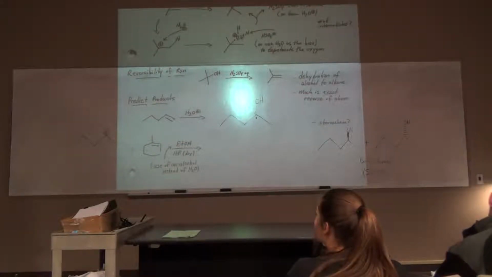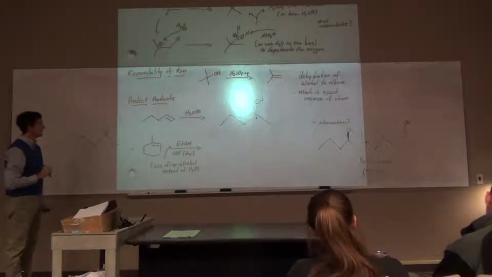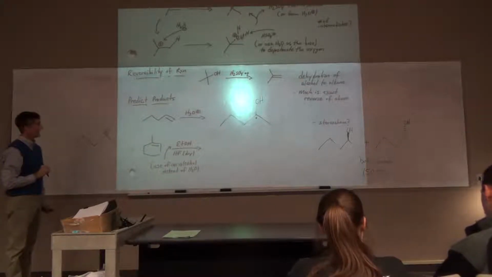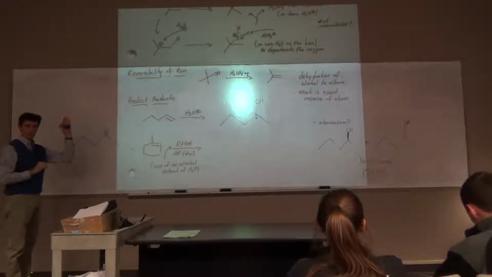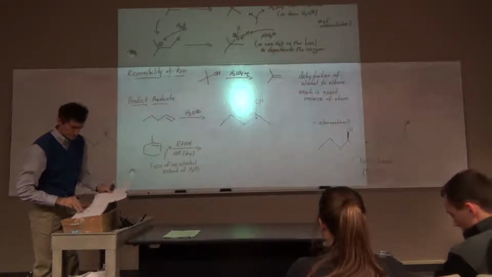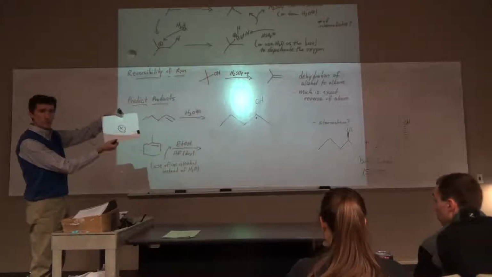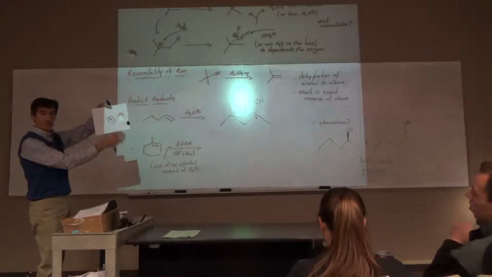sp2, trigonal planar. Okay, it's trigonal planar, flat on the board. All right. When the water attacks it, it's attacking a flat plane. All right, just like a piece of paper. Here's a carbocation. It's trigonal planar, like a piece of paper.